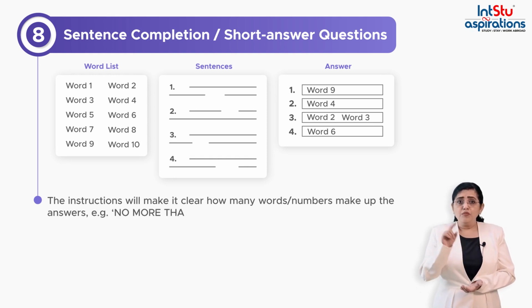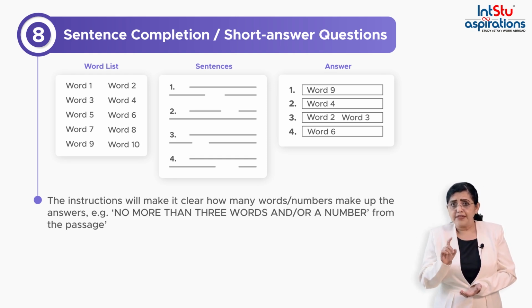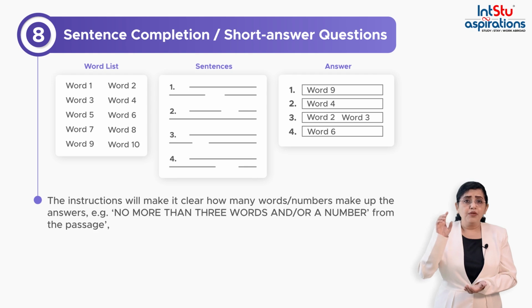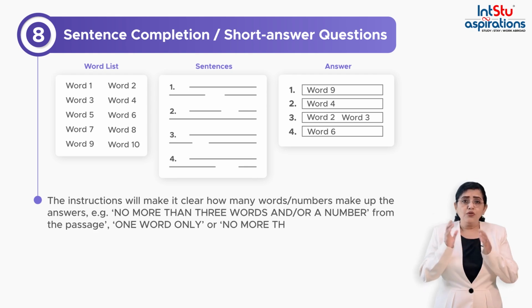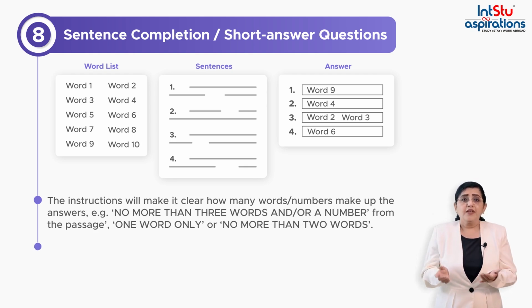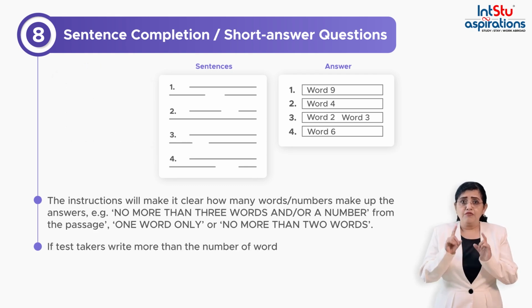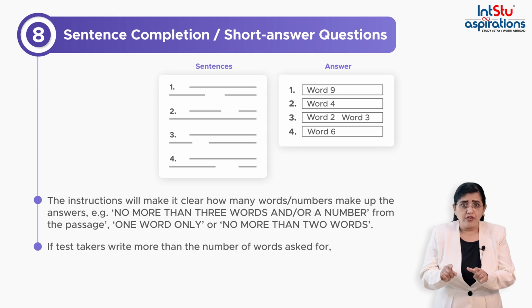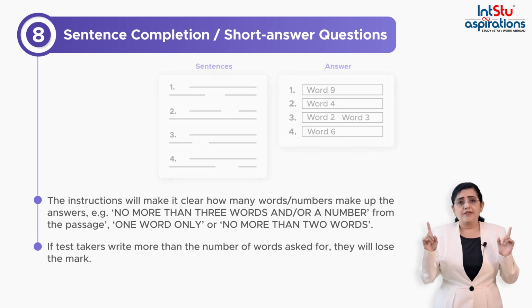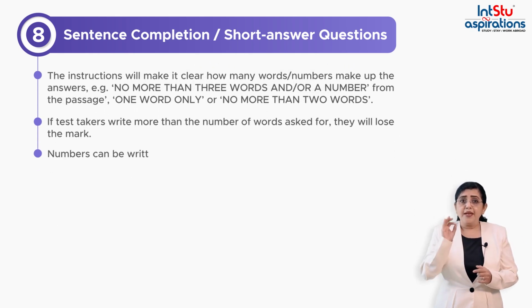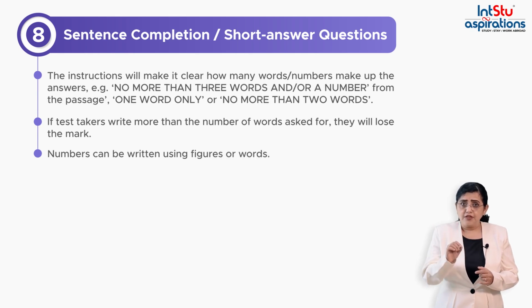For example, no more than 3 words and/or a number from the passage, or it could be one word only, or no more than 2 words. If the test takers write more than the number of words asked for, they will lose the mark. Numbers can be written using figures or words.